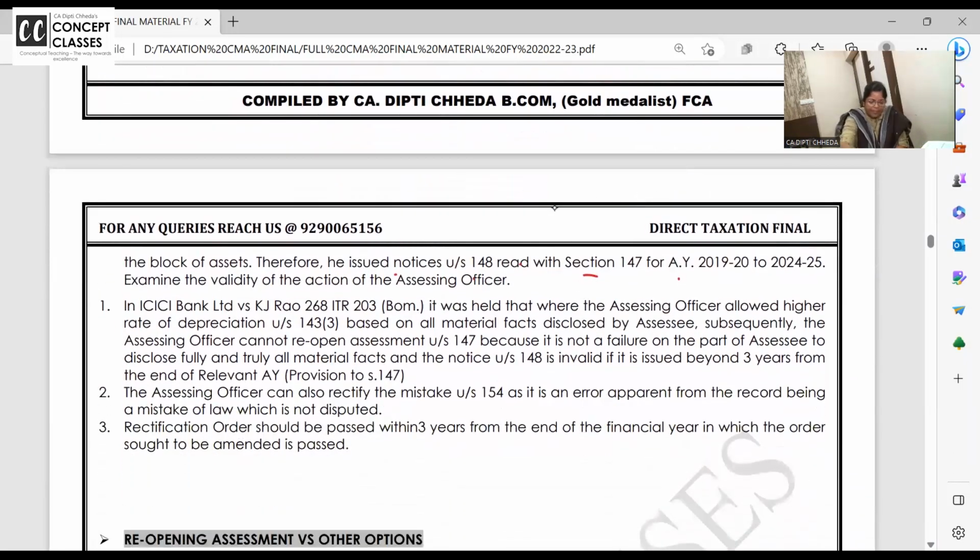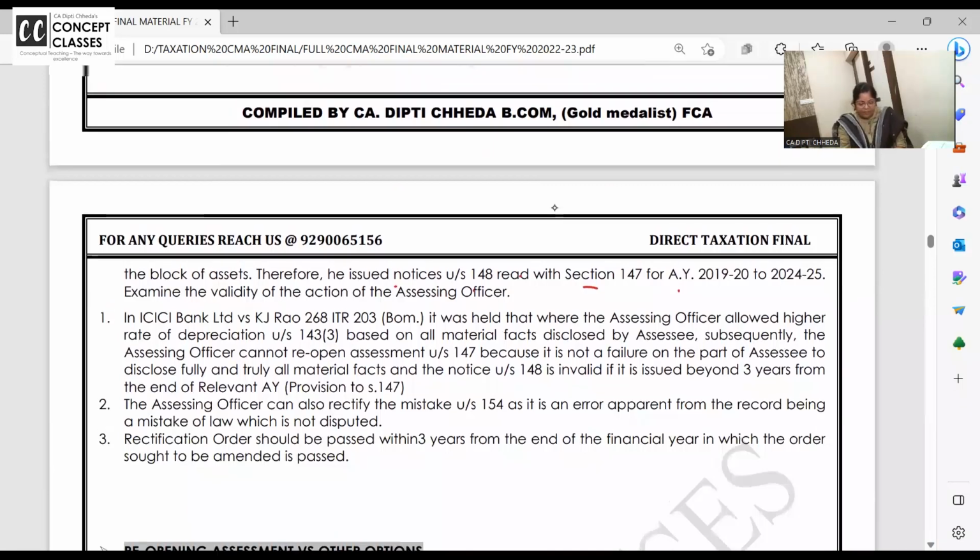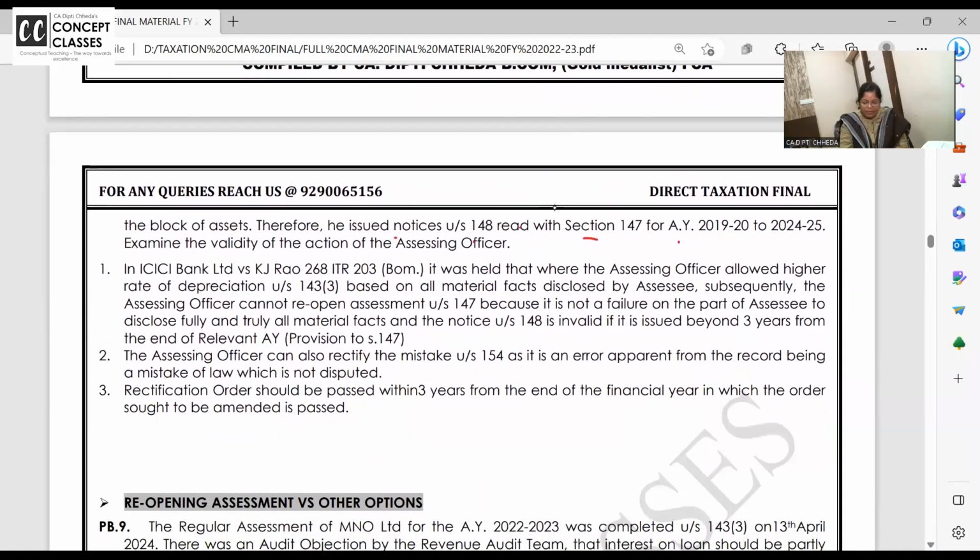Followed? So what is the answer for this? In ICICI Bank Limited versus KJ, it was held that where the AO allowed a higher rate of depreciation based on all the material facts, the AO cannot subsequently reopen the case under 147, because it is not a failure on the part of the assessee to disclose. SSE ने तो बता दिया और AO ने assessment कर लिया, and SSE didn't hide anything.